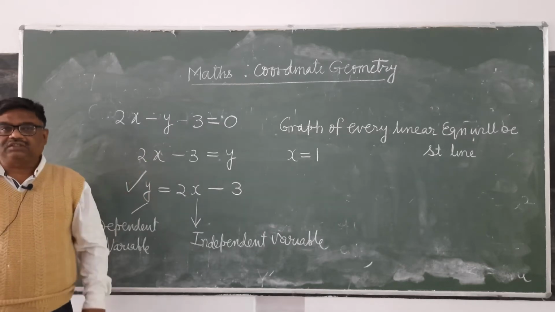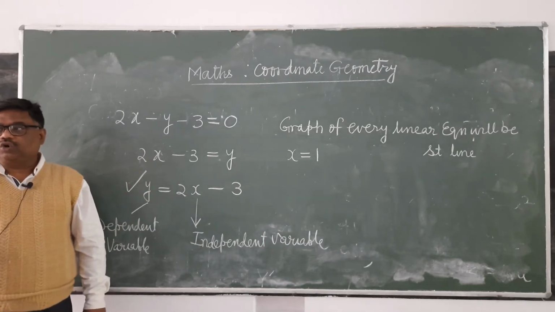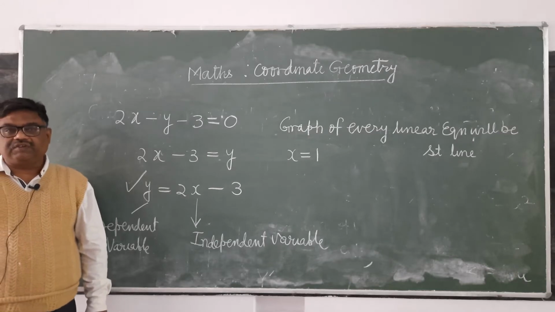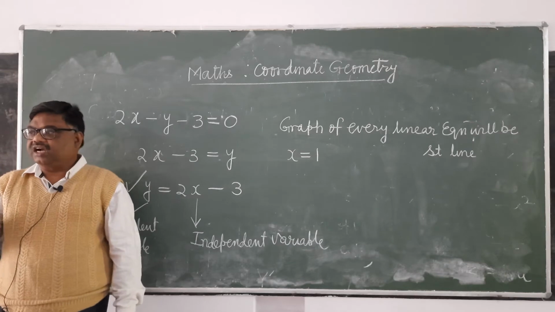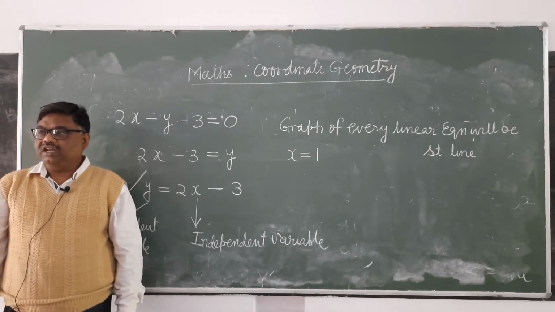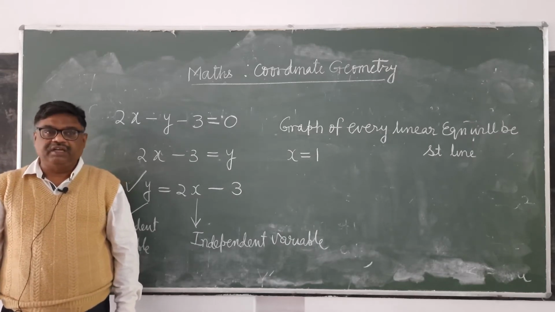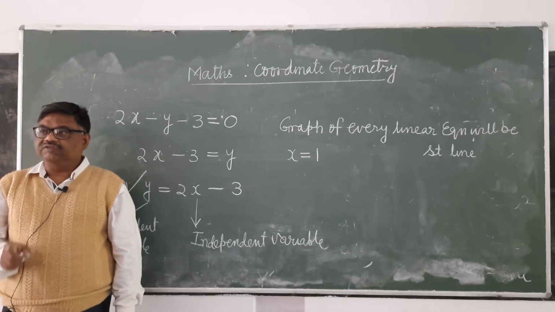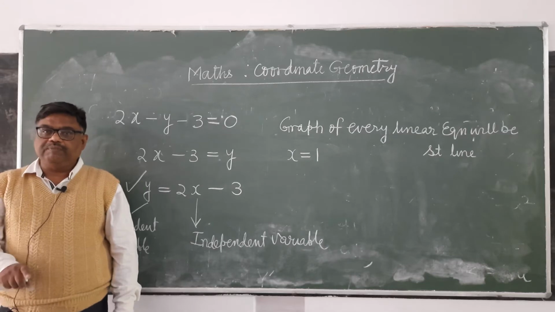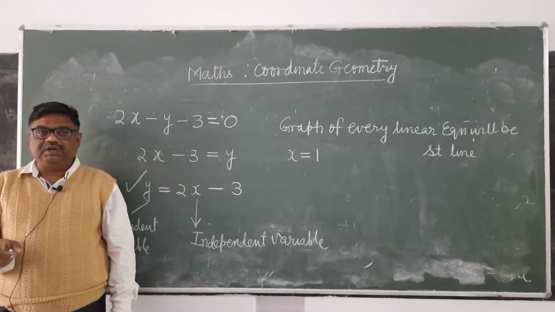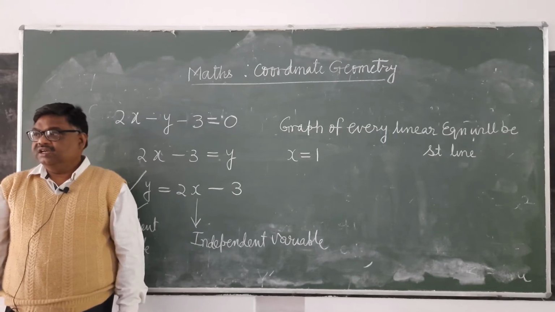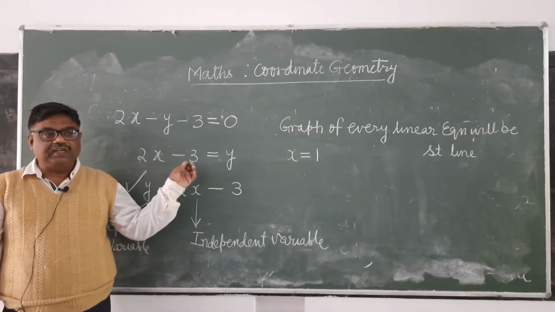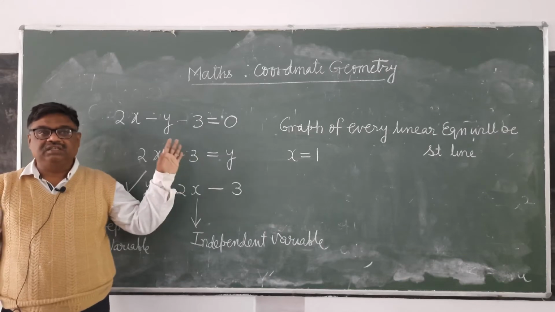Suppose you have taken x equals 1 and y comes out 5 upon 3. We will not take that value, because then it will be difficult to plot. 5 upon 3 is non-terminating. It means we have to take such values of x for which y is a whole number or comes in decimal like 0.5. Did this make sense? Secondly, the value of y should not be very large.